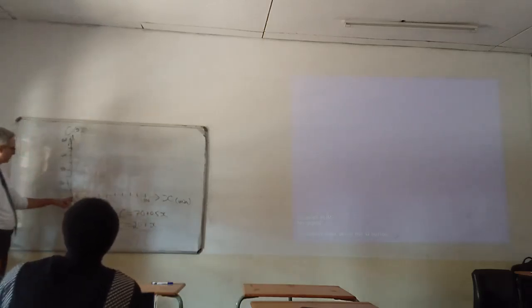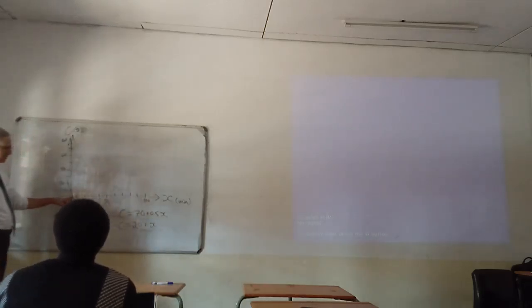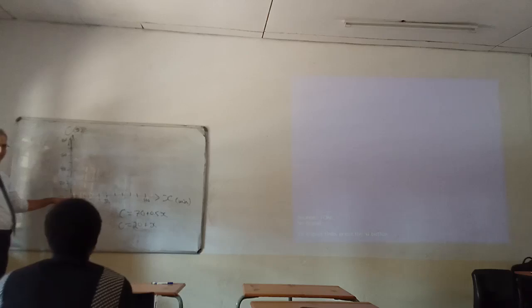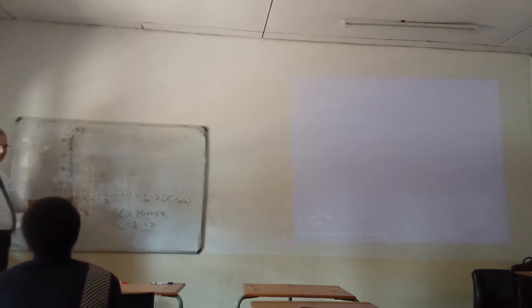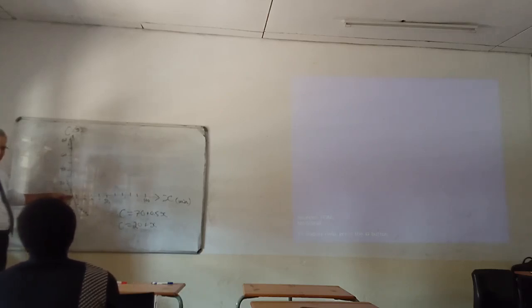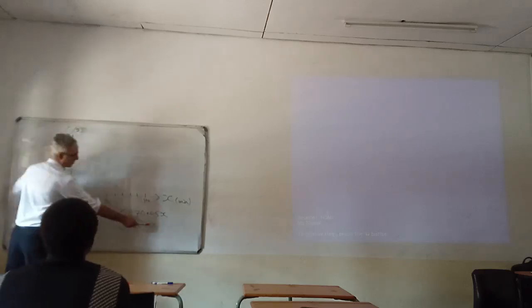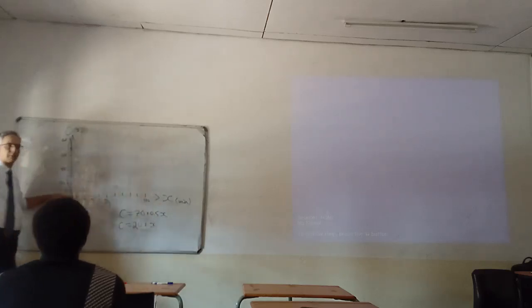What is this point? C is equal to 2. That's one. Yes, the slope. But then you left with y equals 0. Is it true? If x equals 1, what is C?